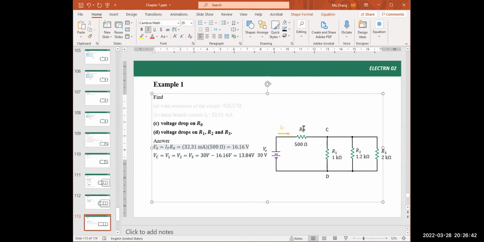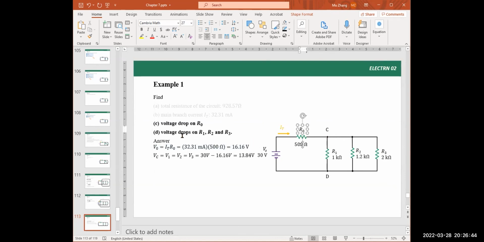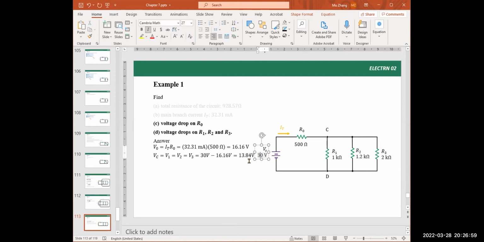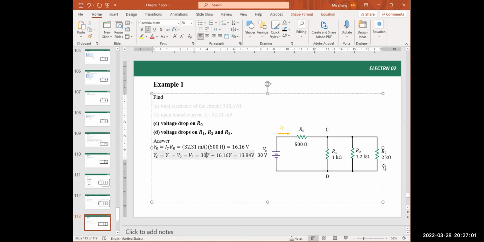Okay, so that's the voltage drop on here. The voltage drop on R1 or R2 or even R3: each branch experiences the same amount of voltage because they are connected in parallel. So the voltage here is just the 30 volt subtract the voltage drop on R0, which is V0, the difference.